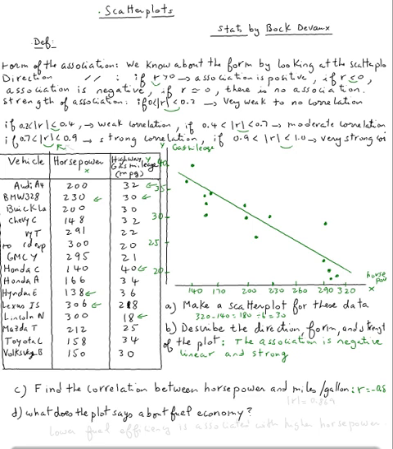Remember, we're only looking at the absolute value of R, which is 0.869. So that's how we know, right? It's between 0.7 and 0.9. Now, what does the plot say about the fuel economy?